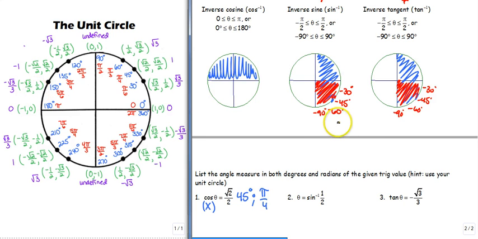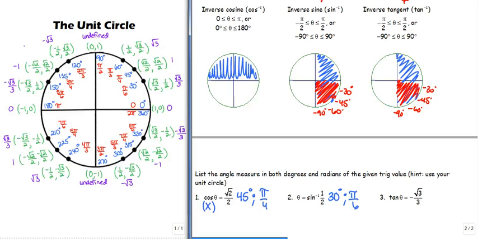But when we reference our chart from above, we know that if I'm looking for inverse sine, if I'm looking for theta from my sine, it has to be from quadrant 1 or quadrant 4. Our choices are 1 and 2, therefore we have to be talking about the 30-degree or pi over 6 angle measure.